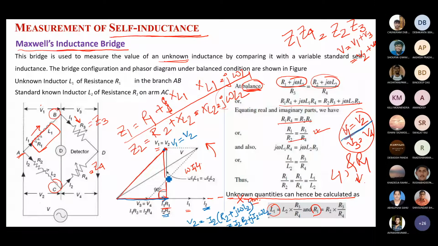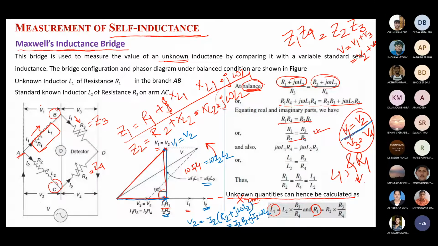Then again a 90-degree lead comes, so similarly the same path is superimposed, equal to omega I2 L2. Add them, and you will get V1 equal to V2.